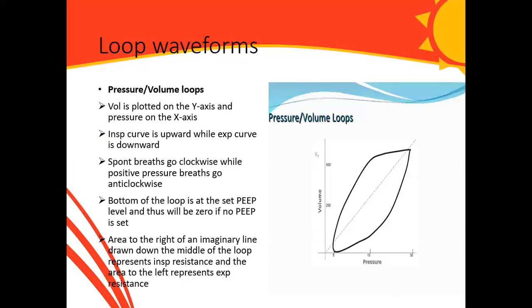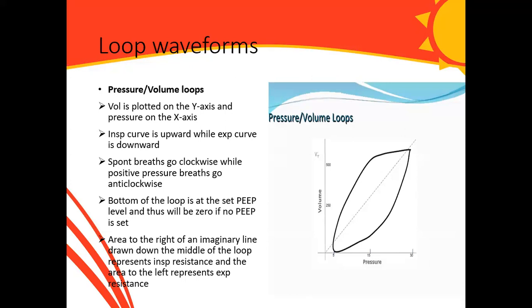So the loop waveform is very important, especially as we are conversant with it from bedside lung function tests. But for the ventilator, it's the opposite. Here the inspiratory curve is upward, while the expiratory curve is downward, which is opposite to your normal spirometry tracing.